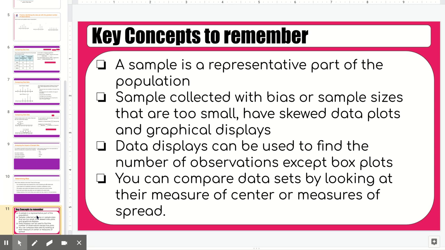The next one says data displays can be used to find the number of observations, except box plots. I added that there because in a box plot, you can't figure out how many people were surveyed. And the last one, you can compare data sets by looking at their measures of center, using their median and mean, or measures of spread, using their range and interquartile range.